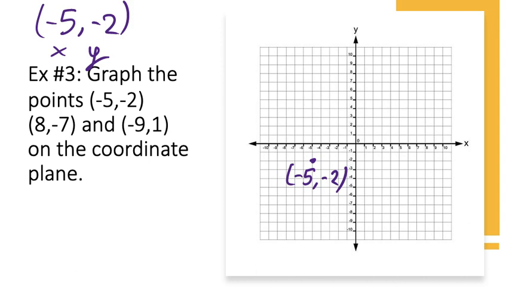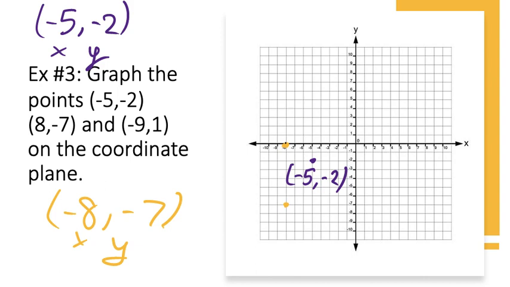We're going to do negative 8, negative 7. X and y. So we're going to go left 8, right? We're going to go to the negative 8 on the x-axis, and we're going to go down 7 to right here on the y-axis.